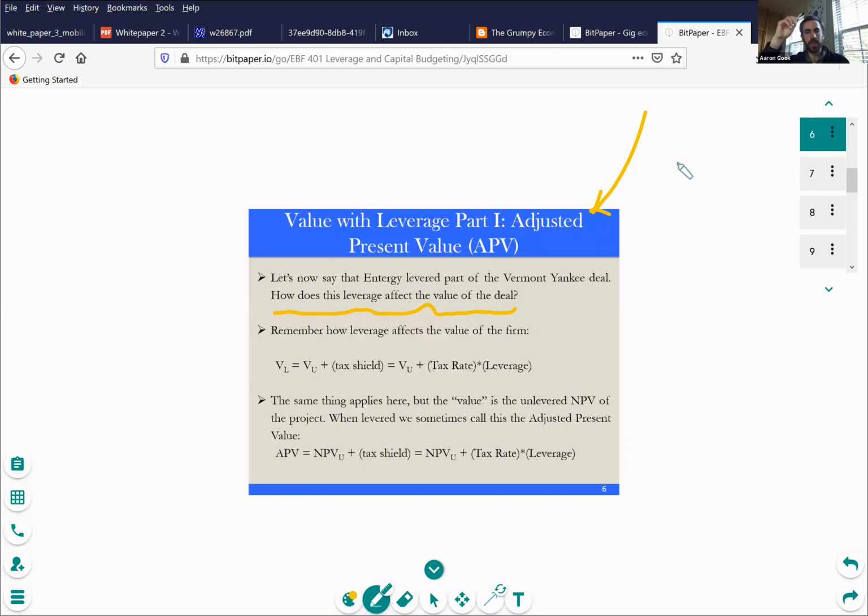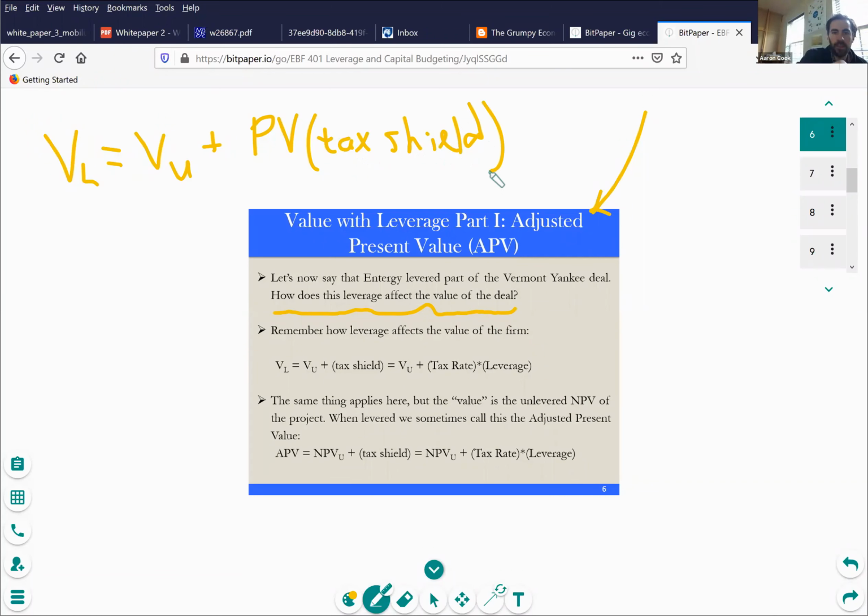So we saw under Modigliani and Miller Proposition 1 with taxes, the value of the levered firm was equal to the value of the unlevered firm plus the PV of the interest tax shield. That same principle is going to apply in the case that we're financing this particular project with leverage.